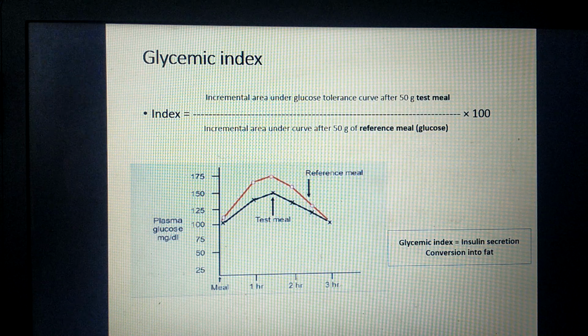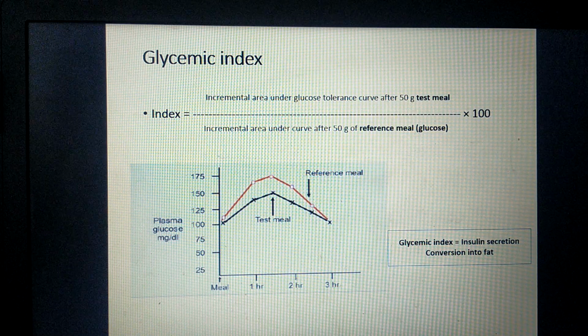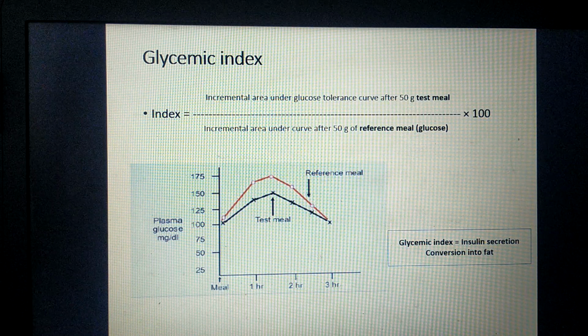The top graph, shown in red line, is the graph of the reference meal, that is after giving 50 gram of glucose, and the lower graph is called the test meal, which we have tested for a given food item. So the lower graph is for the test meal and the upper graph is for the reference meal.